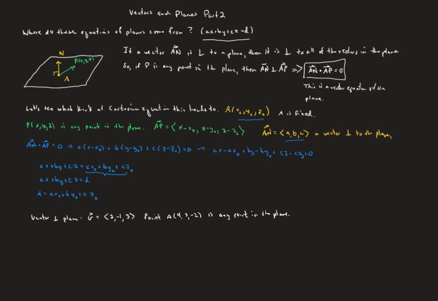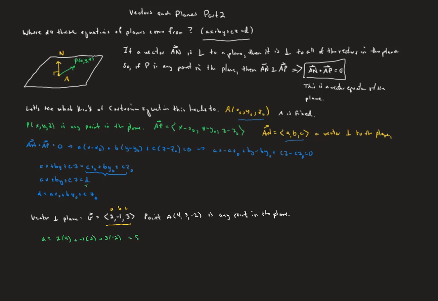So with that, what we can do is we know from our normal vector here, this is going to be our A, B, and C. And we know that the D that we're looking for is going to come from the 2 from the A times the 4 in that point A, plus negative 1 from our normal vector times 3, which is that y-coordinate of that point in the plane, and then plus 3 times negative 2, that z-coordinate of that point in the plane.